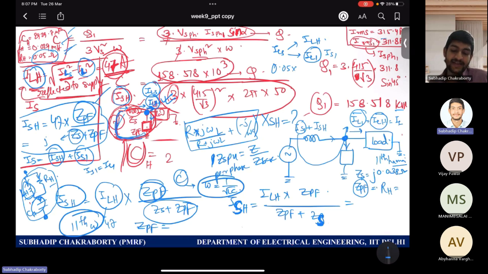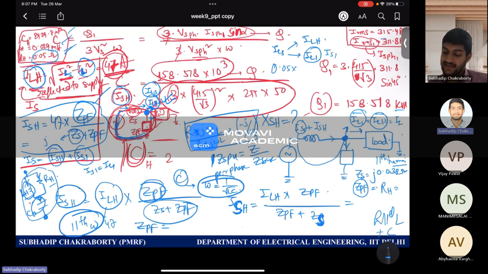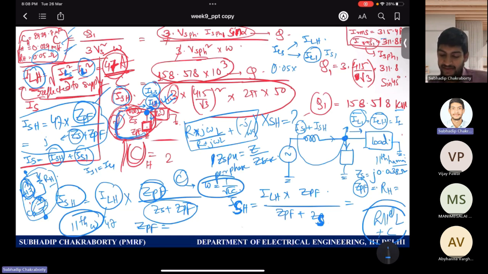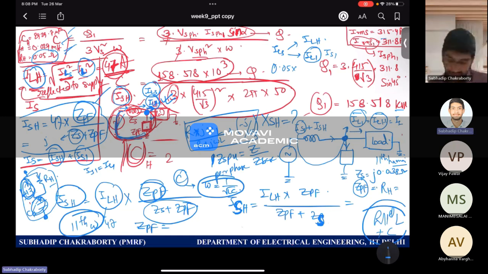So inherently, for the 11th, these two will cancel each other, and only R will remain. So ZPF is RH for the 11th.